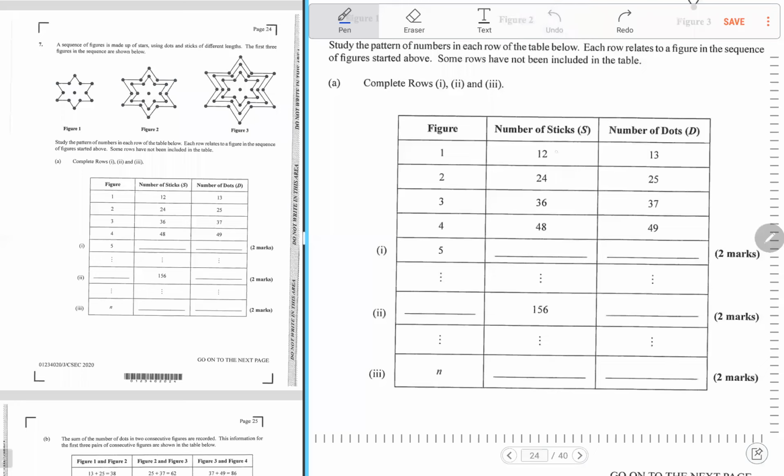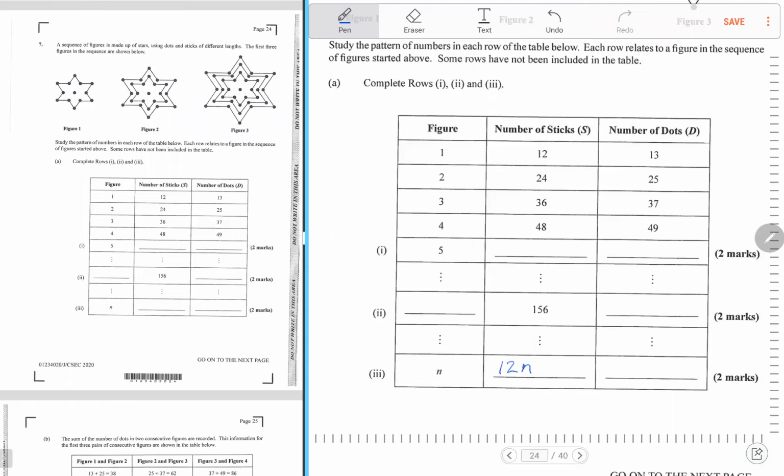Now, if you look, these are just going up by 12. So they're increasing by 12. It means that the formula has 12n in it. The figure number is n, so 12n is a part of the formula. So it's either 12n plus something, or 12n minus something, or just 12n.